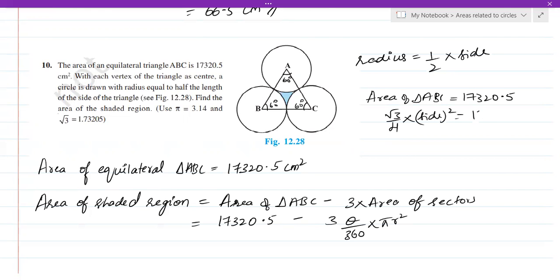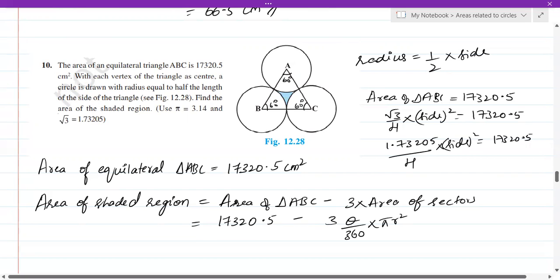That will be equal to 17320.5. Now let's substitute the value of √3, which is 1.73205, divided by 4 into side square is equal to 17320.5. We need the side, so let's keep side square as it is.